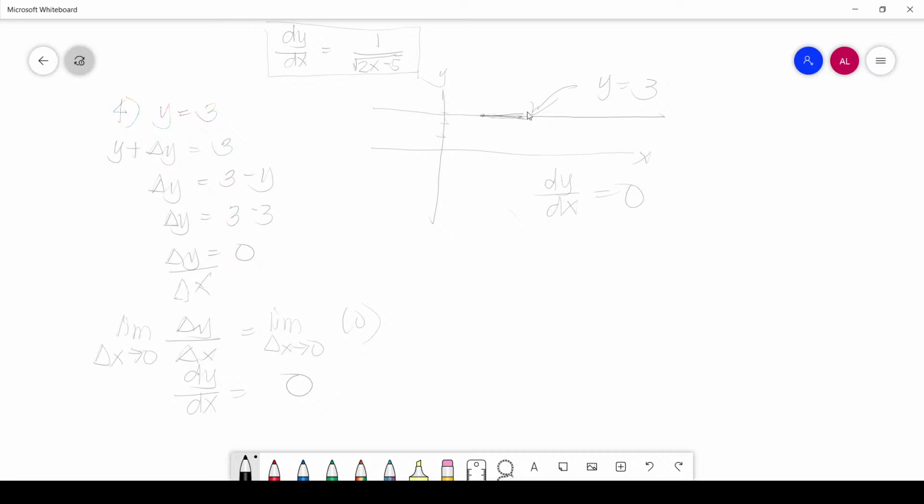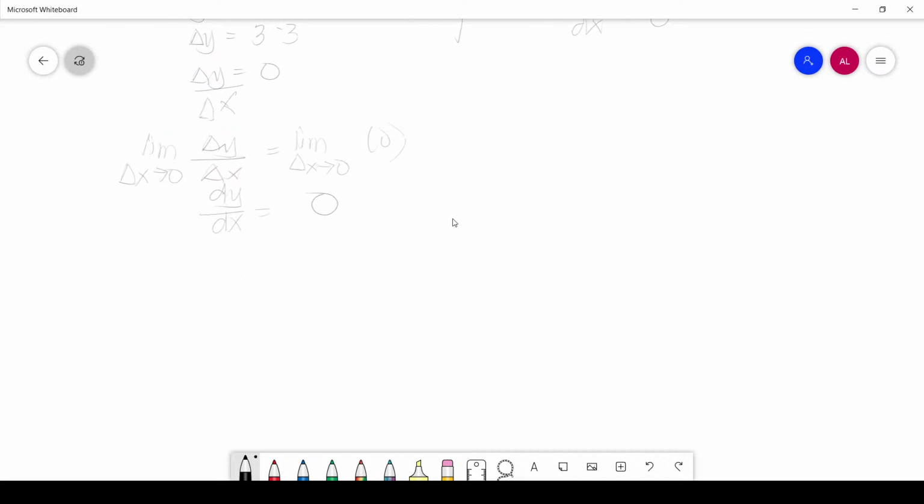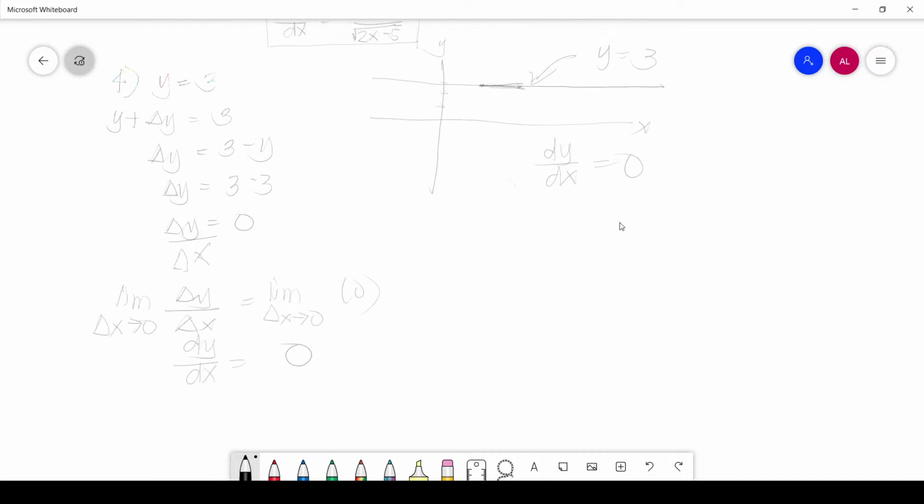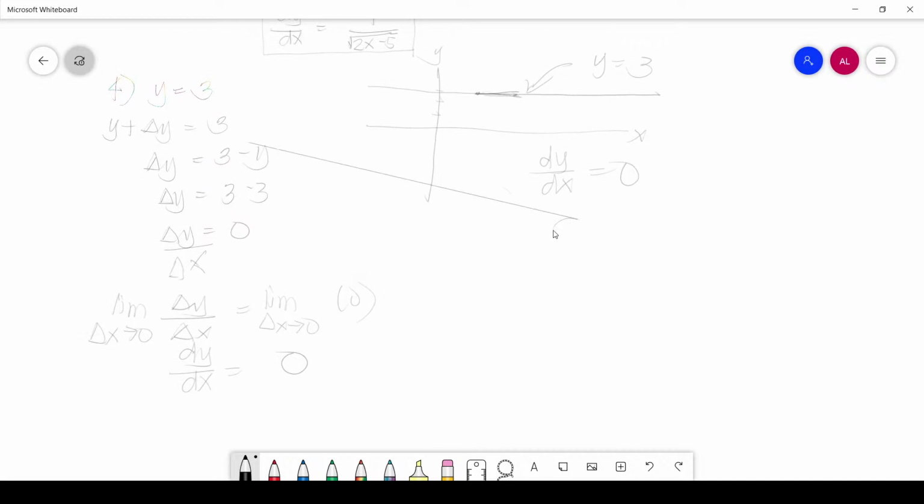This is also applicable to all constants. So, we can conclude that the derivative, or the dx, of a constant is equal to 0.